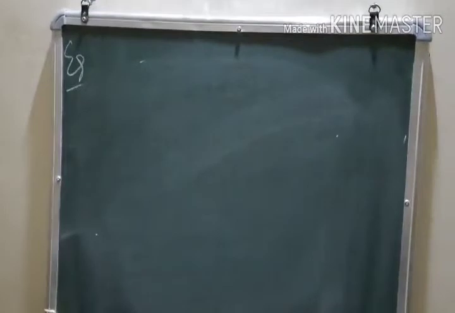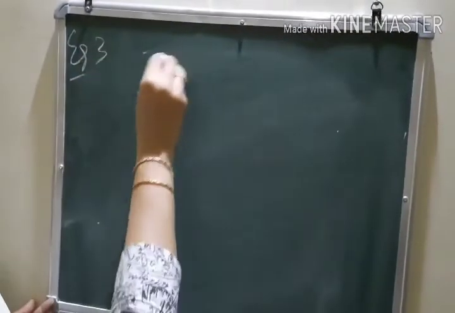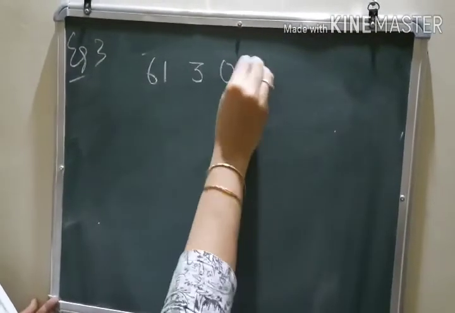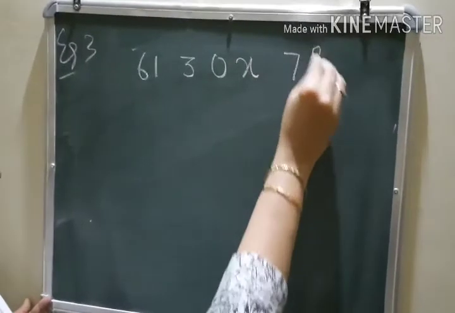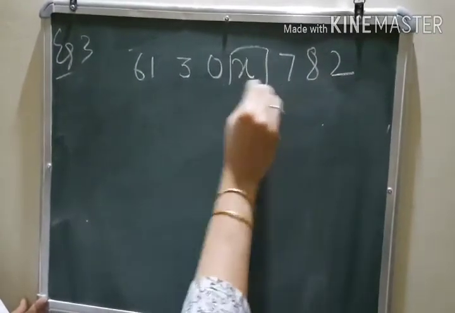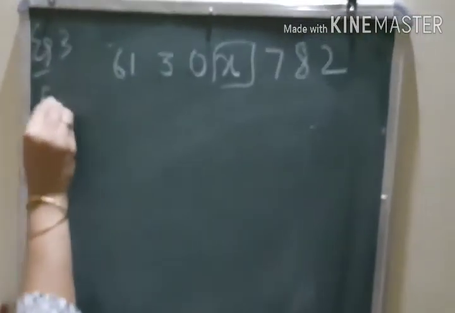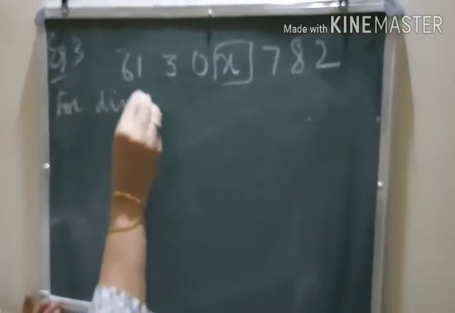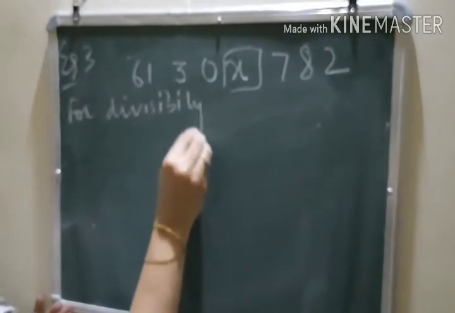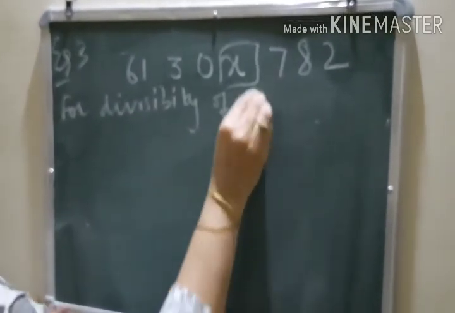Example number 3 is 6, 1, 3, 0. This is x, 7, 8, 2. Now this x you have to find, and it is divisible by 11. So for divisibility of 11, what we have to check? We have to find the sum of odd places and even places.